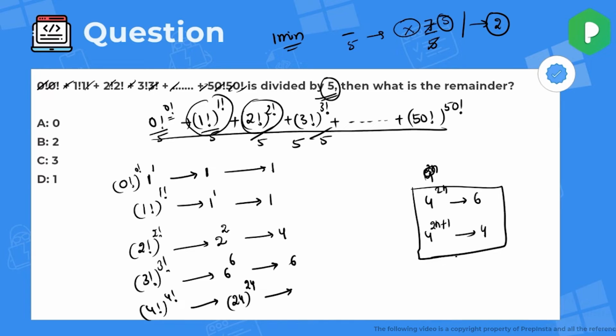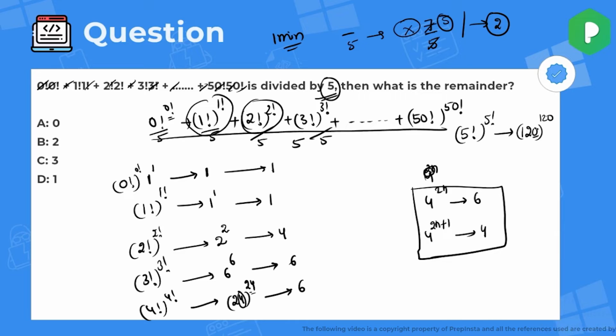You need to be aware of all these things in number system, divisibility rules and remainder theorems. And 24 power 24 is 4 power an even number, 4 power 2n, which will give you the unit digit 6. Now coming to 5 factorial whole power 5 factorial, 5 factorial is 120, right? 120 power 120.